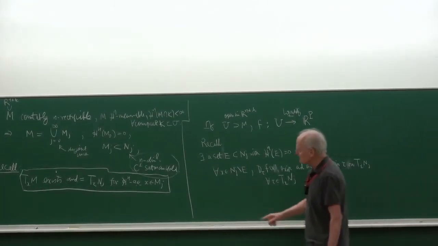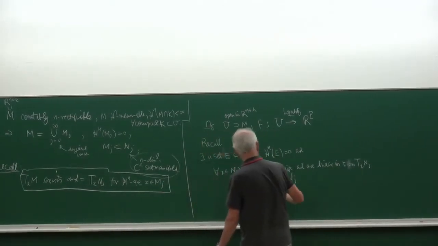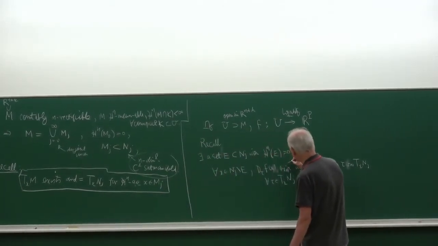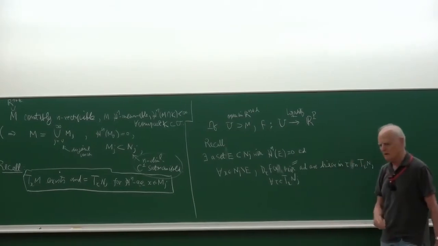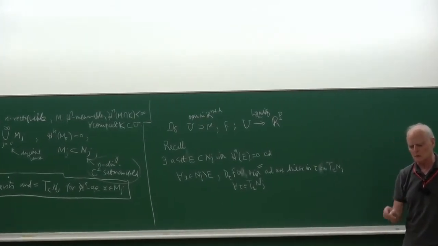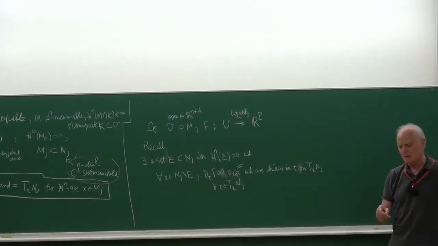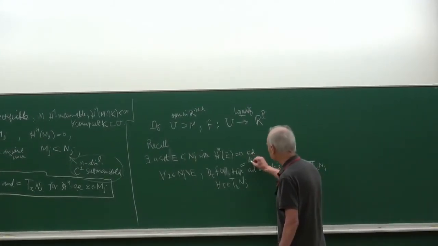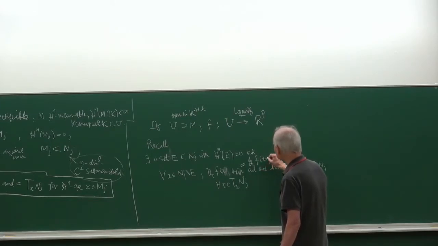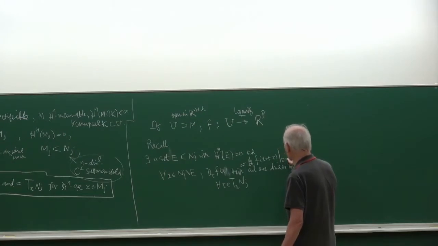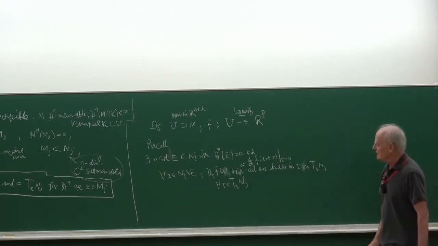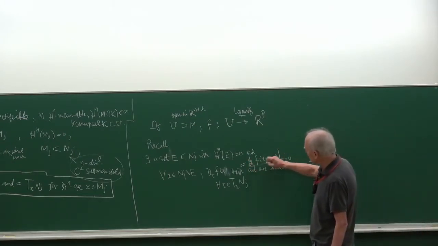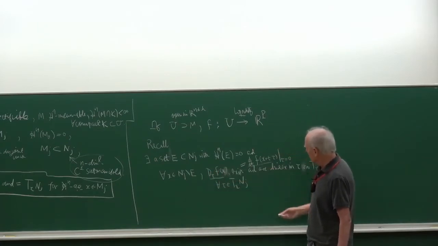Remember this not only exists, but we also pointed out that it's the same as the ordinary directional derivative in the surrounding Euclidean space, equal to d/dt of f(x plus t tau), evaluated at t equal to 0.